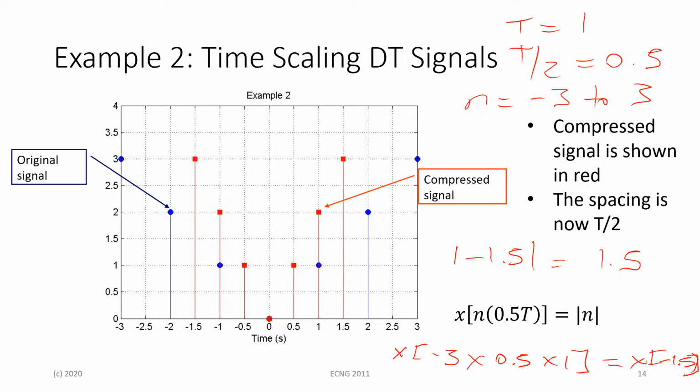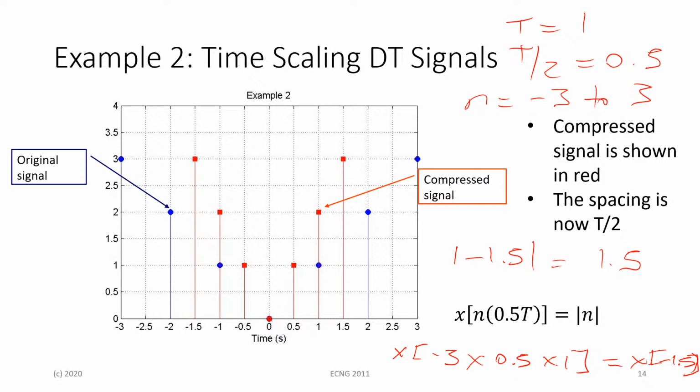So yes, that -3 to +3 basically tells you how many samples you are taking. And in this case, because it goes from -3, -2, -1, 0, 1, 2, and 3, that actually is, if you counted it, 7 samples. The compression here is actually when you start manipulating the sampling time or the spacing in between two successive samples.